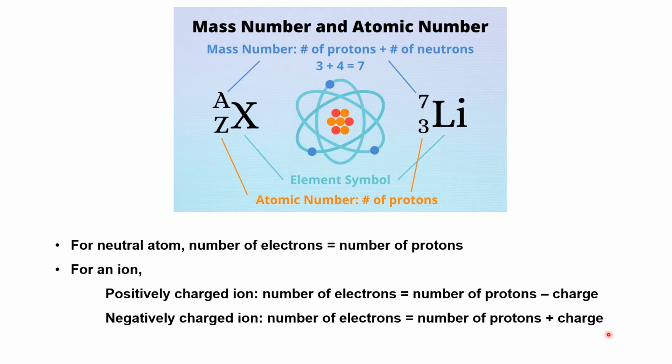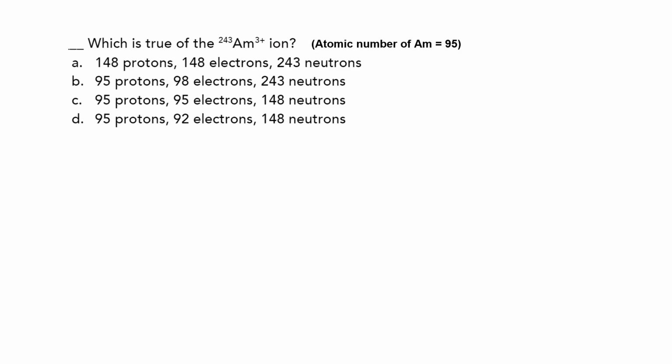Let's see this with an example. The question is, which is true of the Am-243 3+ ion? We can see that there is a charge on the element. Am is americium. Am 3+ means it's an ion, and it is positively charged.